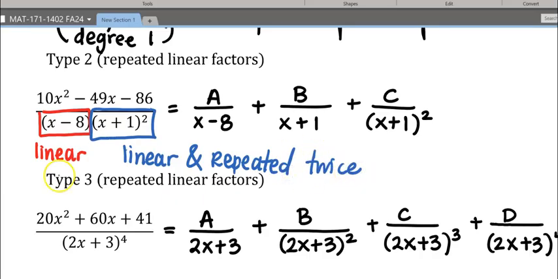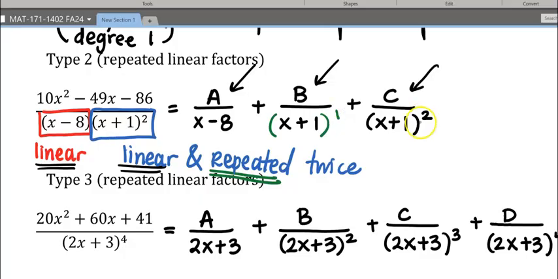Because these both say linear, I know that in all my numerators, I'm going to have degree 0 things, because linear is degree 1. So I'm going to drop down 1 degree in the numerator and put something that's degree 0. So I'm going to put a coefficient, a constant. But because this was repeated for the blue factor, I have to put an x plus 1 to the 1, and I have to put an x plus 1 to the 2.